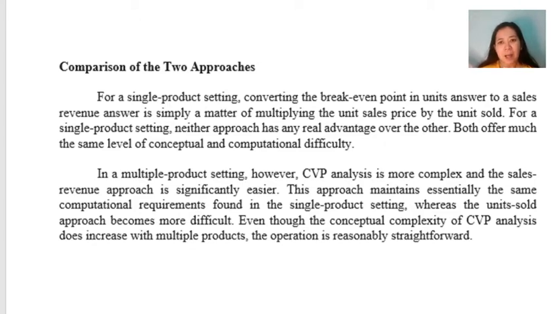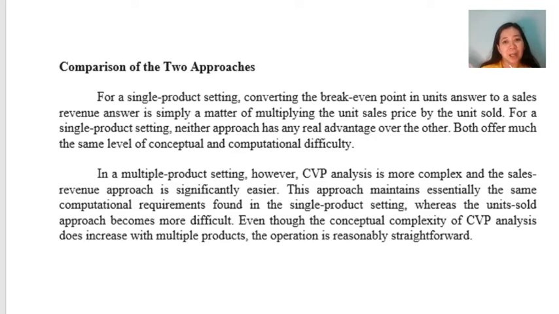So again, in our discussion, you were given the different scenarios on how to solve for the break-even point in different terms, may it be in number of units or in sales peso. In a multiple product setting, however, what about a company that sells different types of products? CVP analysis is more complex and the sales revenue approach is easier.